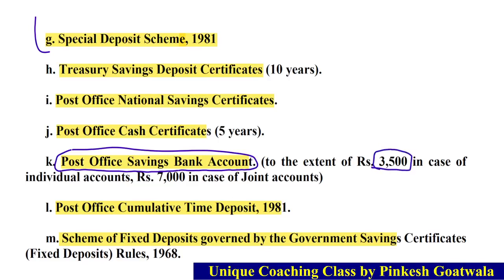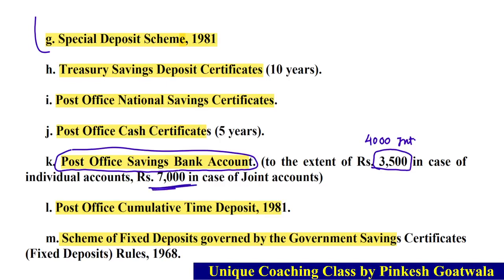If you get interest of 4000, then 500 is taxable. Okay, if you receive 4000 interest, 3500 is exempted, and above 3500 is taxable in the case of an individual. And if there is a joint account, then up to 7000 is tax free.